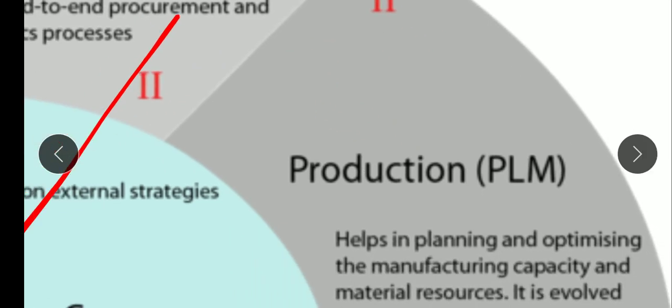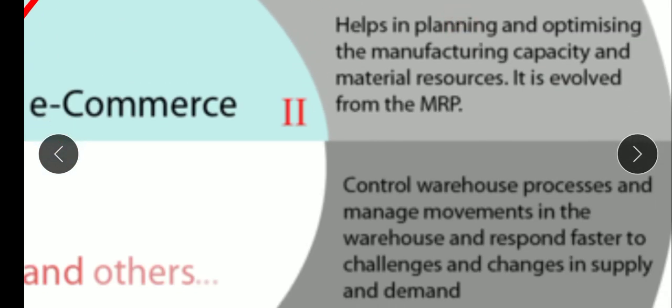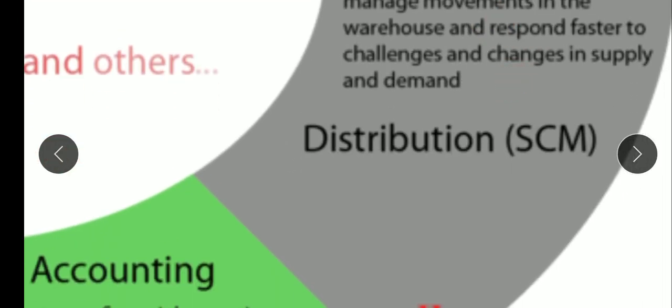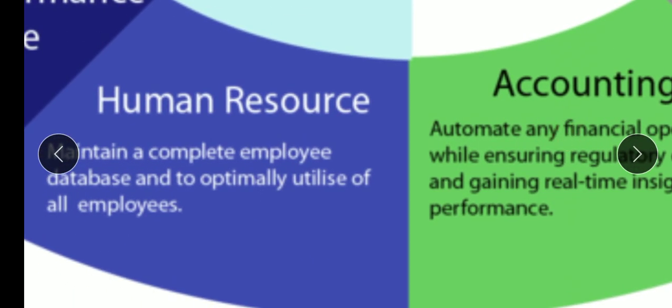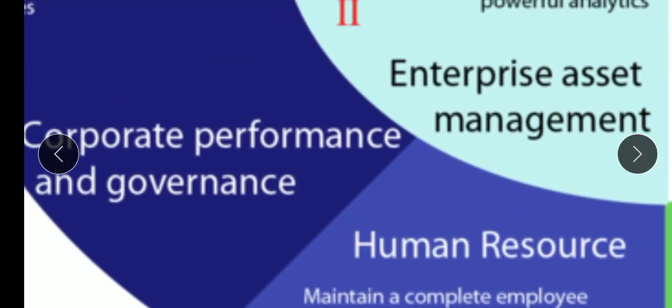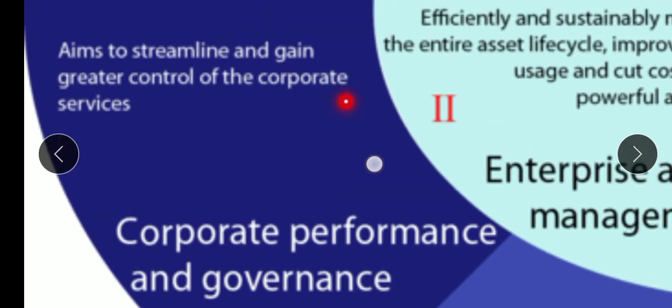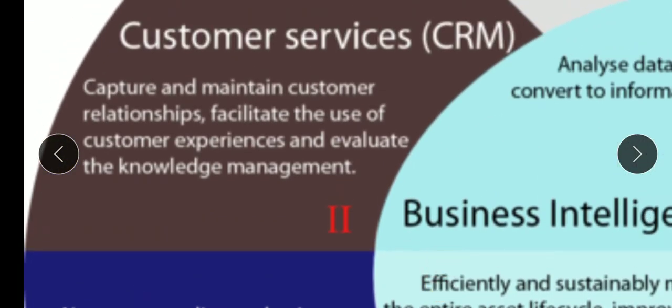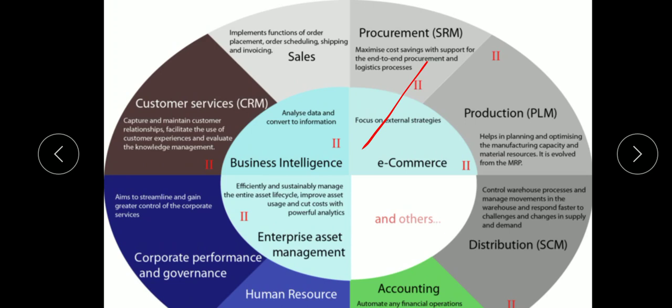Production or PLM, that is product life cycle management. Then we'll get distribution, SCM, supply chain management. Then accounting, then human resources, by maintaining a complete employee database and to optimal utilization of all employees. Then corporate performance and governance. Again, there is also customer services or CRM, the customer relationship management. And then sales.